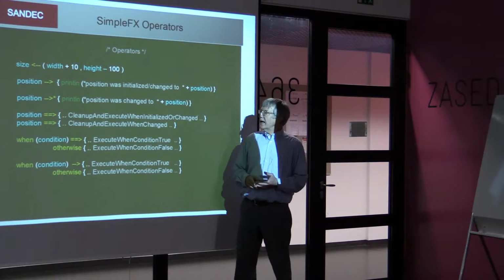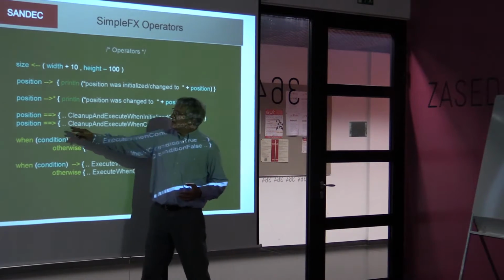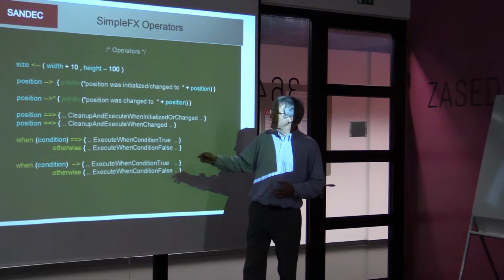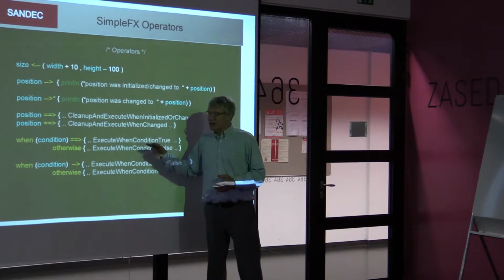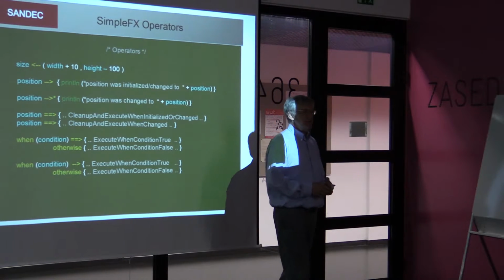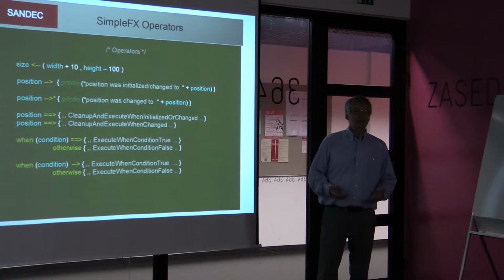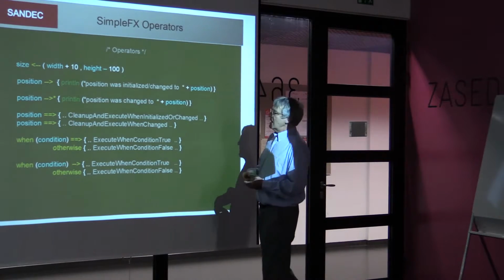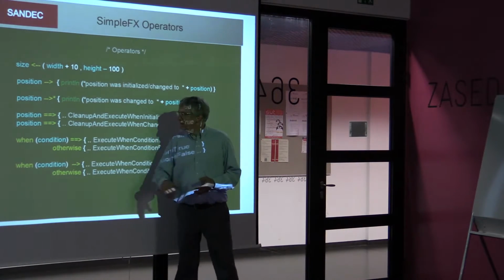So in this case, if this position is changing, then whatever was allocated inside of the expression before this change is then going to be cleaned up and reallocated. The same with this when statement.